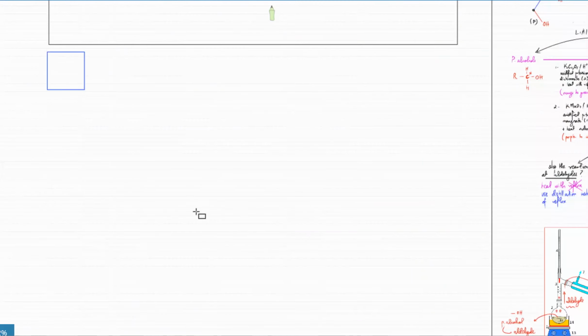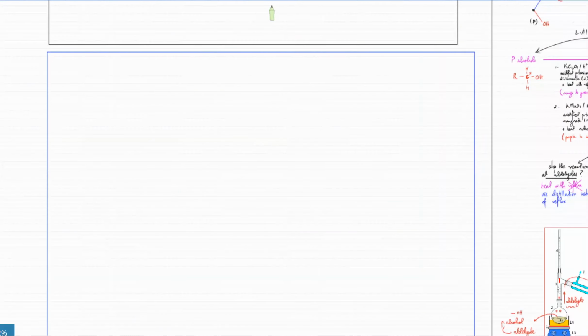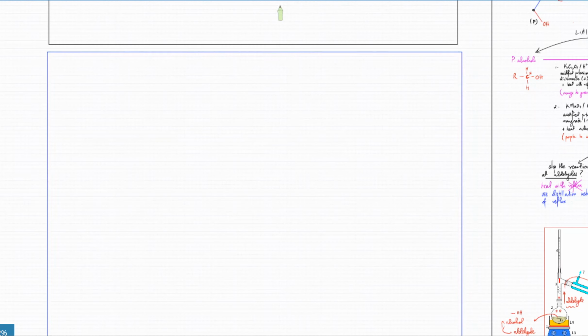This is a test for identifying aldehydes and ketones.